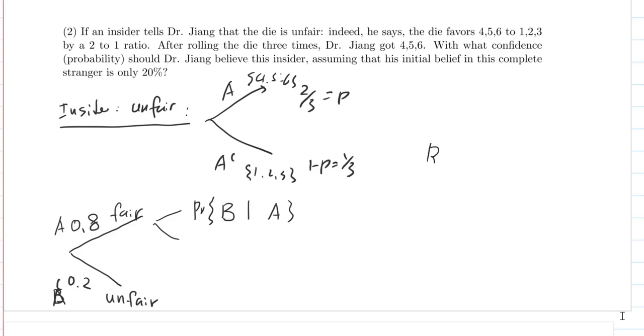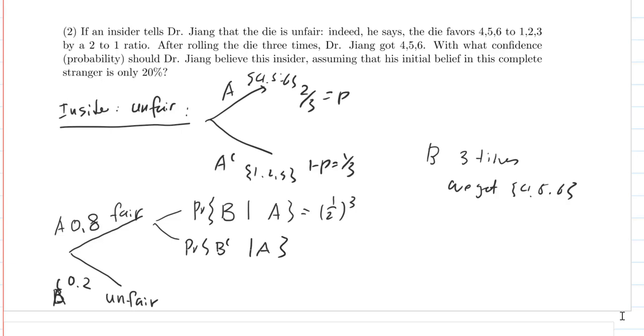B over here is that 3 times we get 4, 5, or 6. That probability, we know, is 1/2 cubed, right? And that's the one we have. And we don't need the other branch, because we know that the probability that if it's fair, we don't get 4, 5, 6 three times is 1 minus 1/2 to the third.